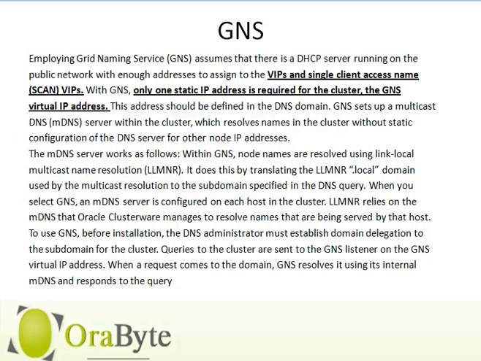To use GNS before installation, the DNS administrator must establish domain delegation to the subdomain for the cluster. Queries to the cluster are sent to the GNS listener on the GNS virtual IP address. When the request comes to the domain, GNS resolves it using its internal MDNS and responds to the query.